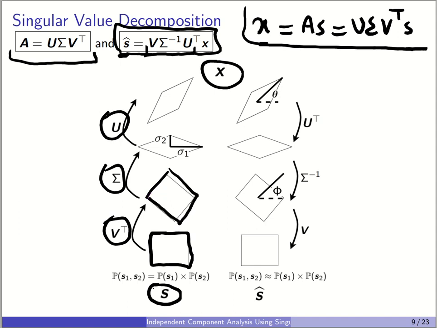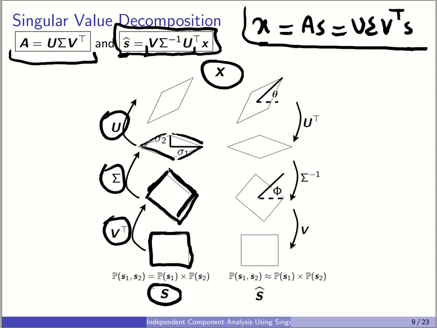Then sigma scales it, because sigma was a diagonal matrix whose diagonals were singular values, and if you remember in the PCA lecture we also said that there is a relation between singular value decomposition and eigenvalue decomposition. So it is just scaling this figure as we see here, with sigma 1 and sigma 2, the diagonal elements of sigma.